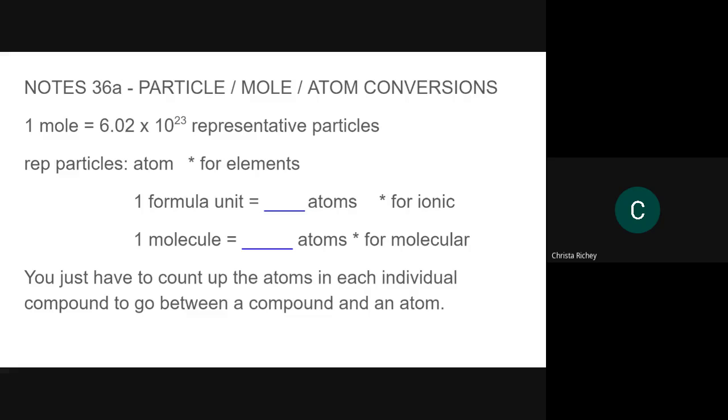That does not include those 7 diatomic elements because those have 2 and they're all nonmetals. So I2, Br2, Cl2, F2, O2, N2, and H2, their representative particle is a molecule, because those are molecular compounds.